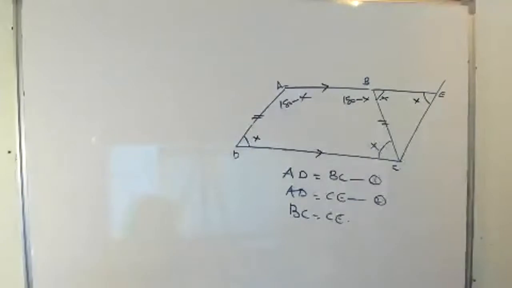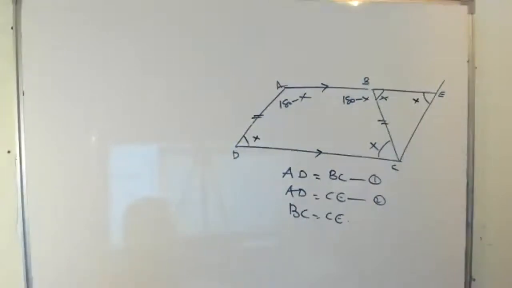Then only I can start third and fourth. Sir, can you please repeat the second part? Angle EBC equal to angle BCD equal to X, alternate angles.